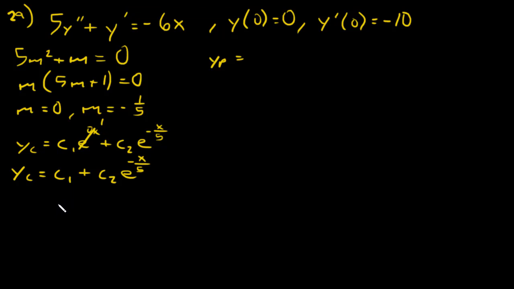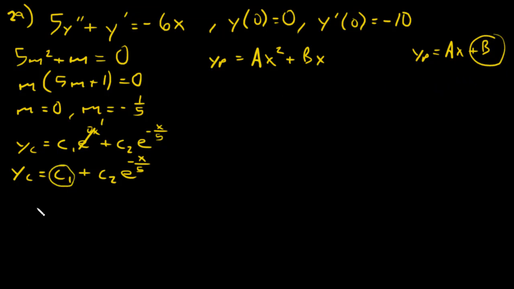So I need to bump it up one level and make my guess ax squared plus bx. Now, just to recap, why didn't I do y sub p equal to ax plus b? That b is a constant. That c1 is a constant. Therefore, I can't have my guess containing part of my y sub c. So that's why I have to bump it up a level right here.